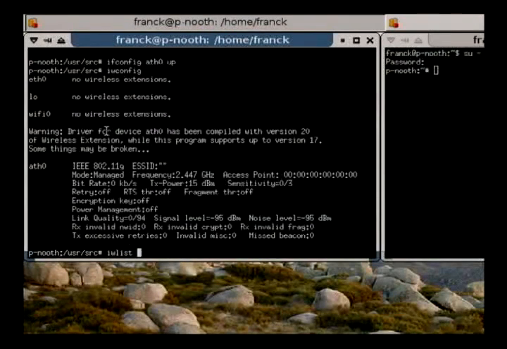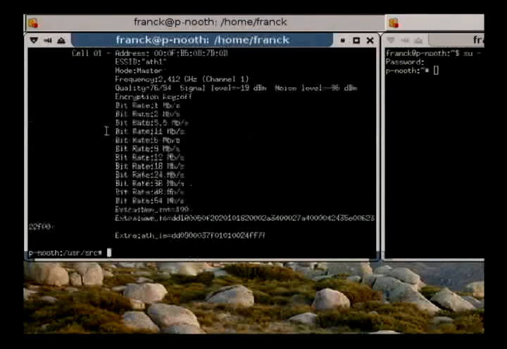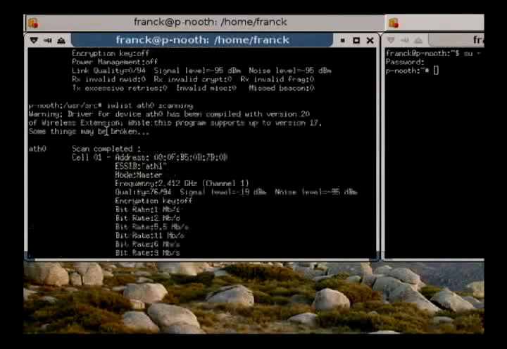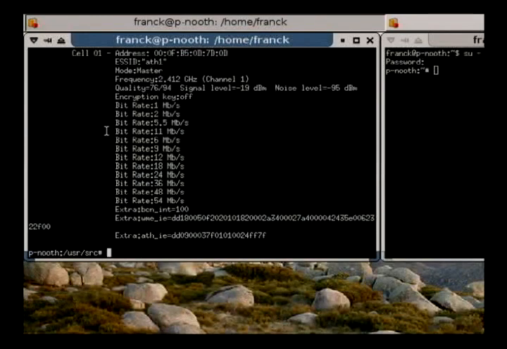And I can do some scanning, and here you can see that there is only one cell detected, which is of course the specific access point, the modified access point.